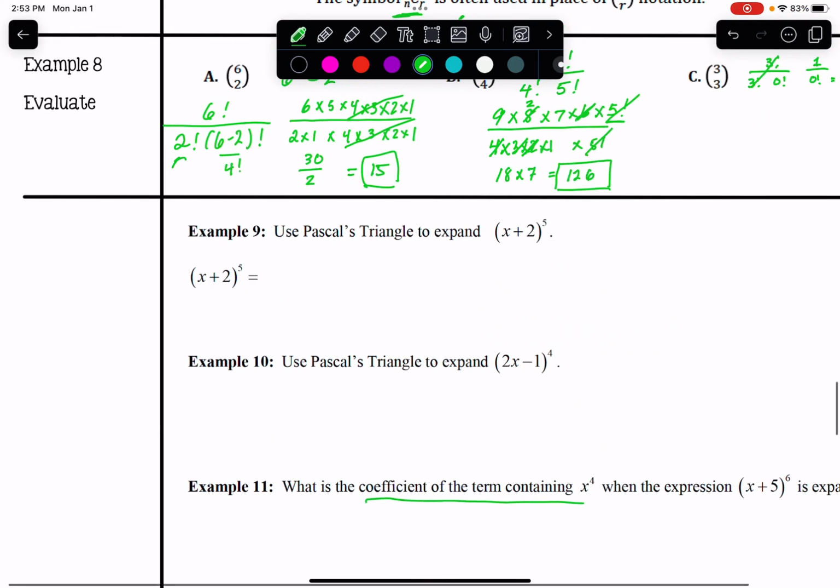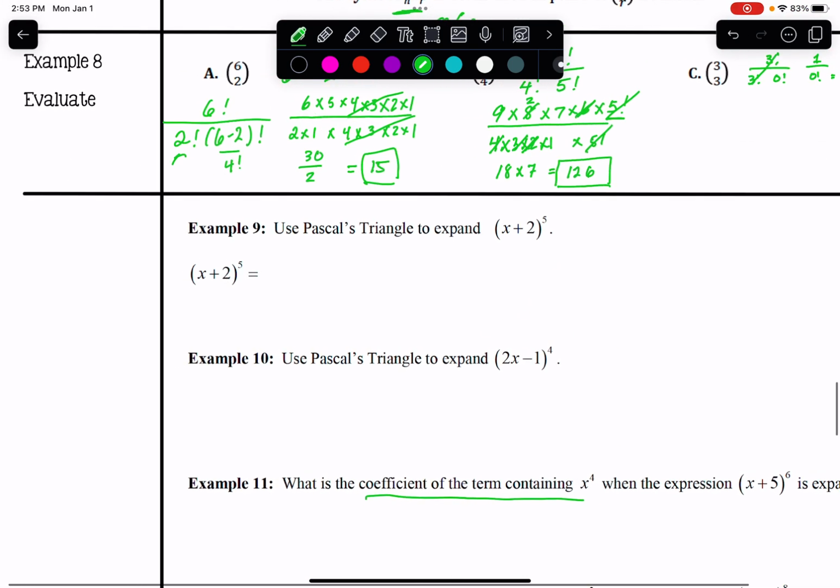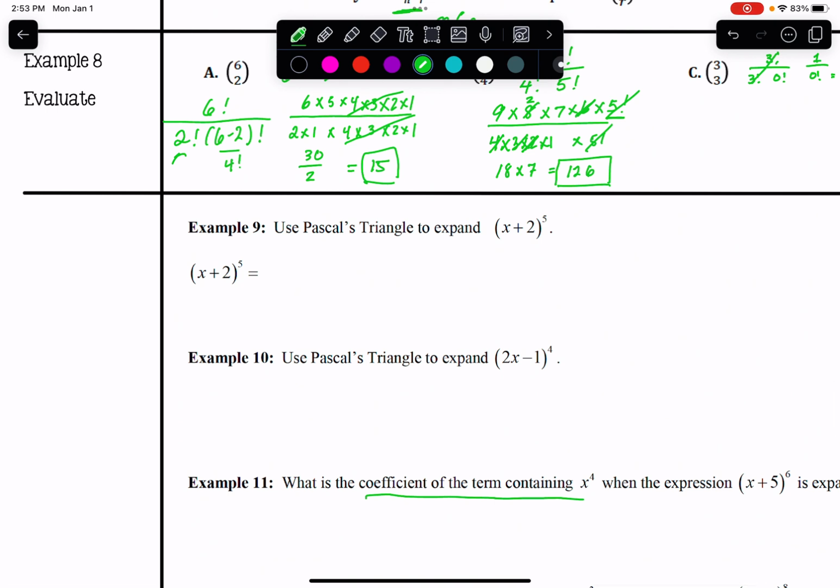So here's x plus 2 to the 5th. If you go back over and look at your triangle, the fifth row would be 1, 5, 10, 10, 5, 1. I'm going to get those coefficients from Pascal's triangle.